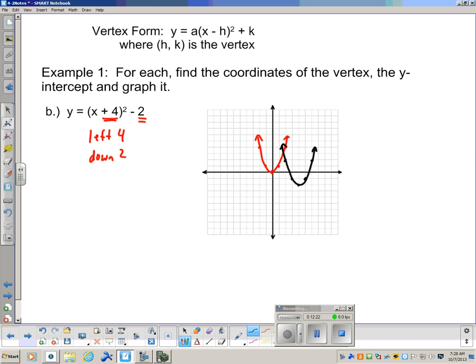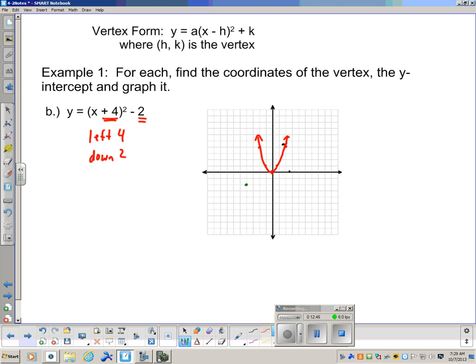That is not left 4, that is down 2, is it? That is right 4, down 2. So I'm going to get rid of that, and I'm going to regraph it. So my other one here, check and see if we're really paying attention here. Just kidding. So left 4, 1, 2, 3, 4, down 2.